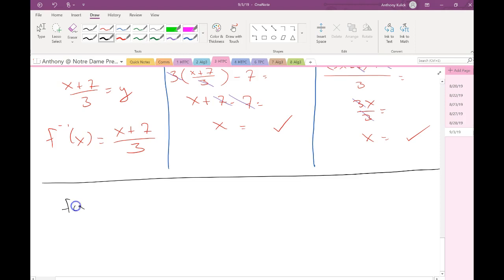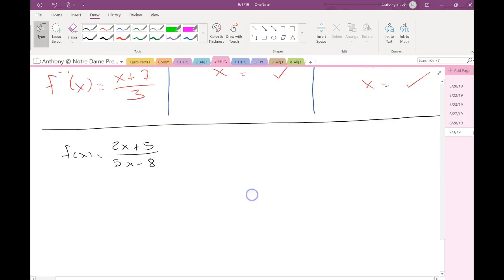So let's say that I have f of x equals (2x plus 5) over (5x minus 8). And we want to find the inverse for this.